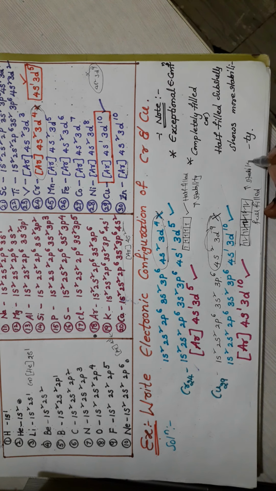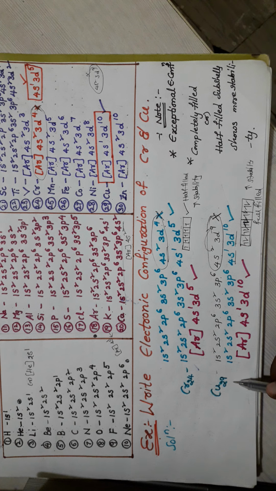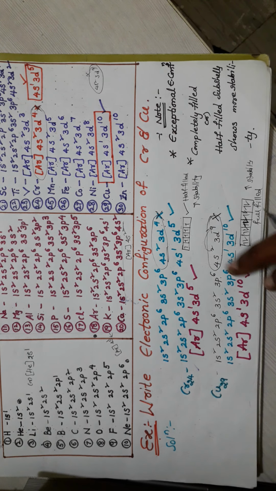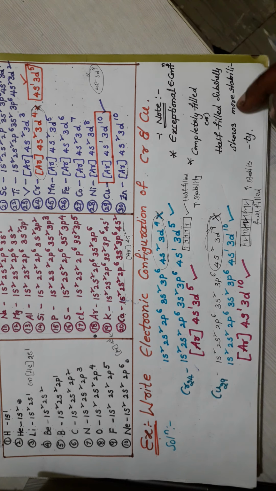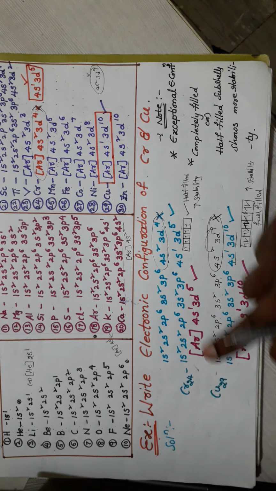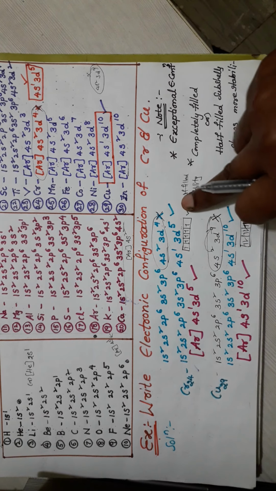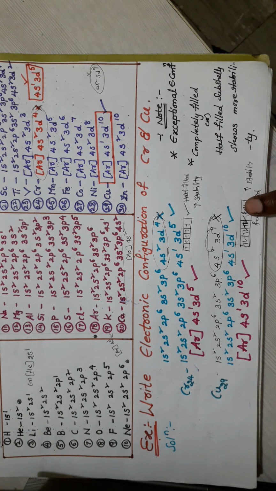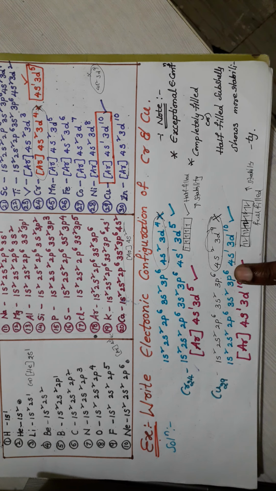Due to that reason, chromium and copper show exceptional electronic configuration, and these two configurations, 4s1 3d5 and 4s1 3d10, show more stability. Chromium always has the valence shell 4s1 3d5, and copper always has the valence shell 4s1 3d10 electronic configuration. It is very important for all competitive exams.